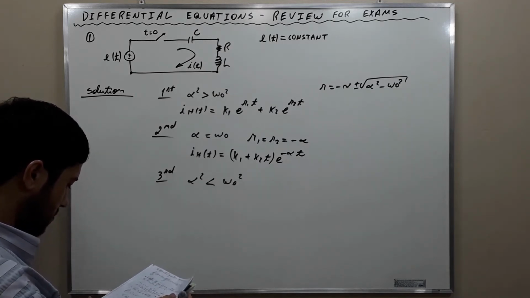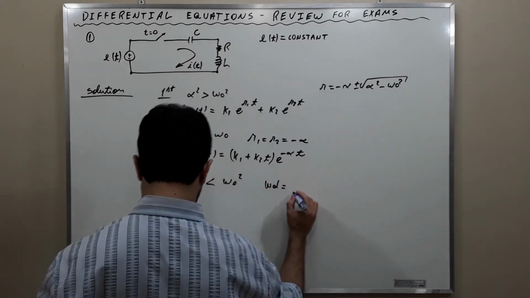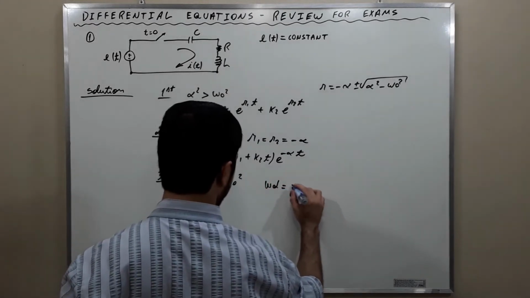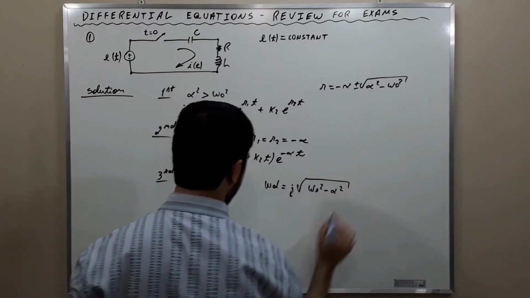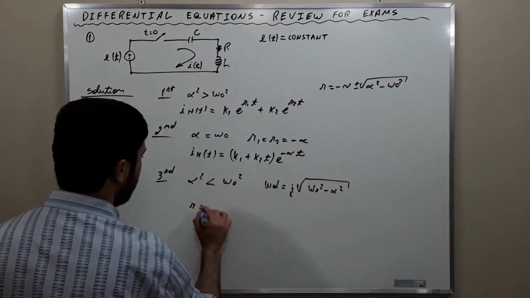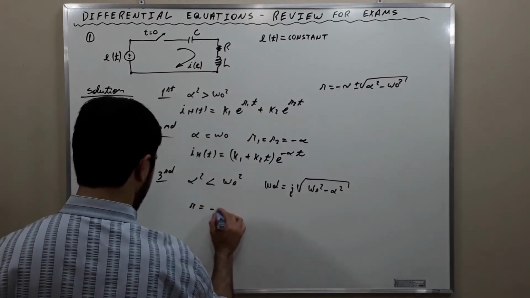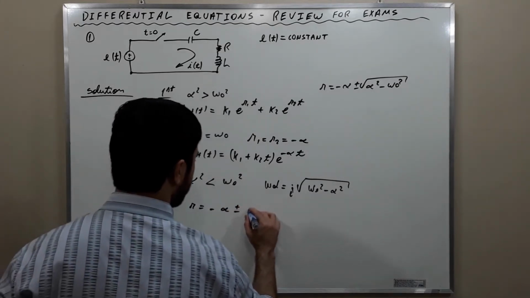And if we make WD equal to the square root of w0 squared minus alpha squared, the roots will be r equals minus alpha plus or minus jWD.